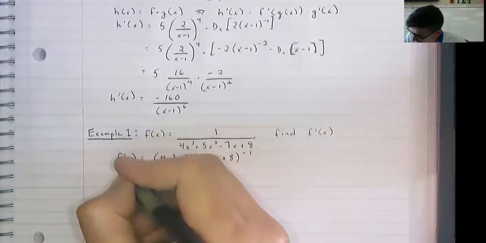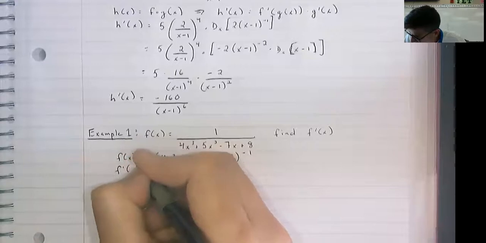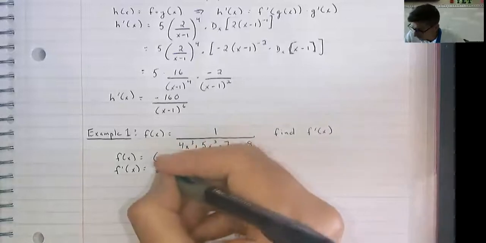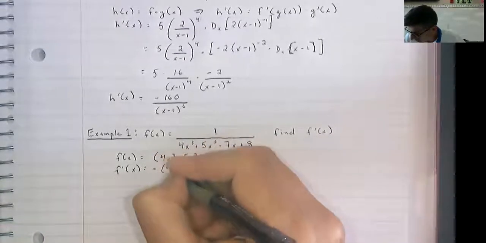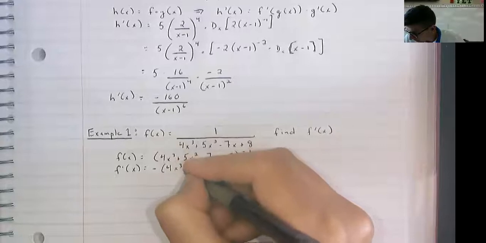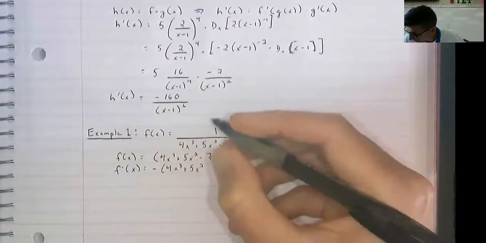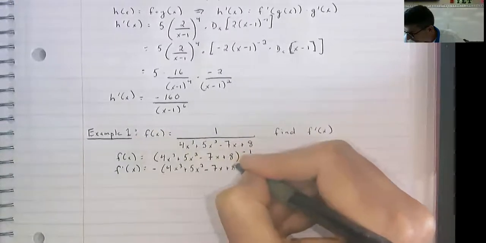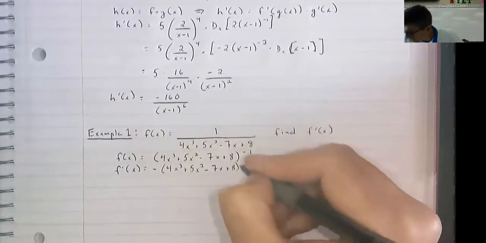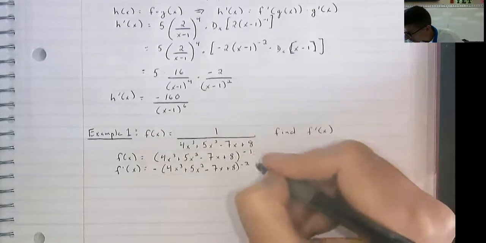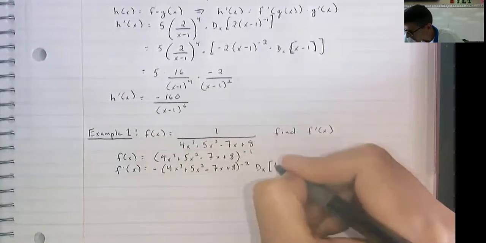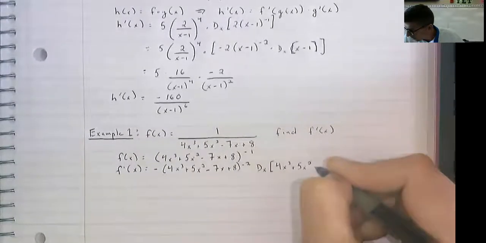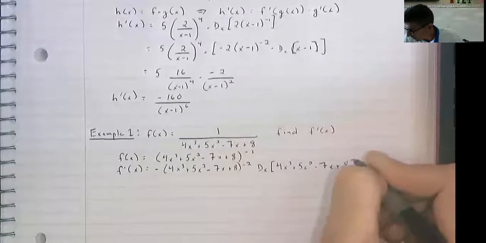So f prime of x, the outer function derivative, means dropping down this negative 1, keeping the inner part intact. This negative 1 becomes a negative 2. And then we're going to differentiate the inner function, 4x cubed plus 5x squared minus 7x plus 8.